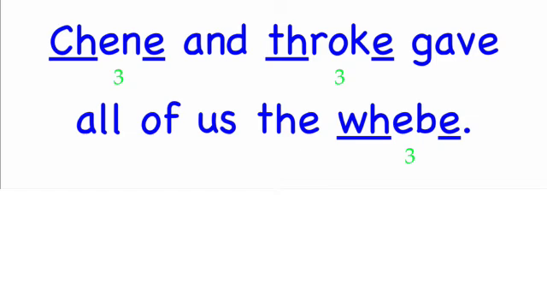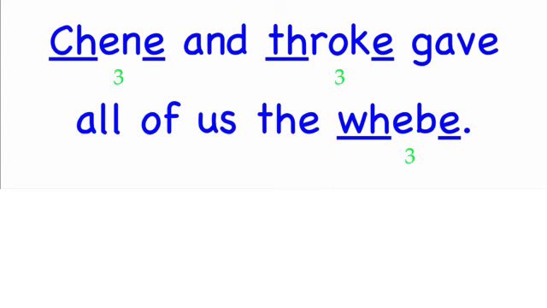Cheen and Throke gave all of us the weeb. Now, why did I tell you that in the word weeb we have a consonant team, but I did not say that when I dictated cheen and the word throke? The reason is that in weeb we have the sound w, which you can use either the letter W or the letter team WH to represent. And since it's a nonsense word, I have to indicate to you which way I want you to spell the word. But in the word cheen, the first sound is ch.